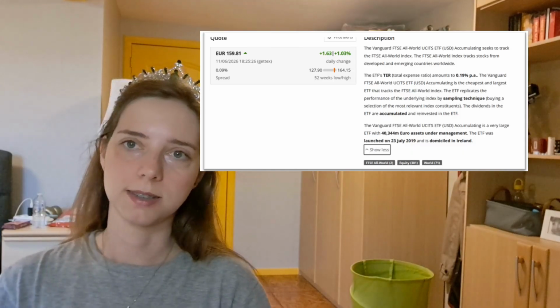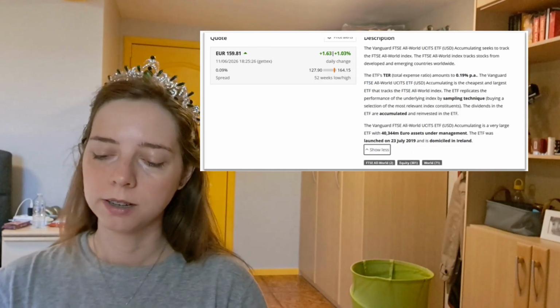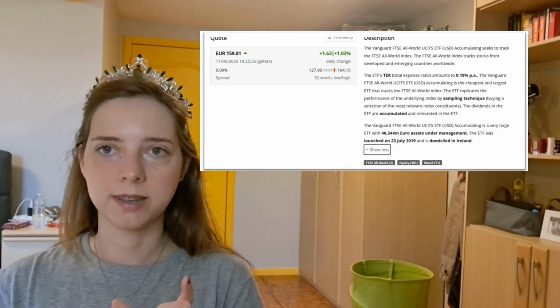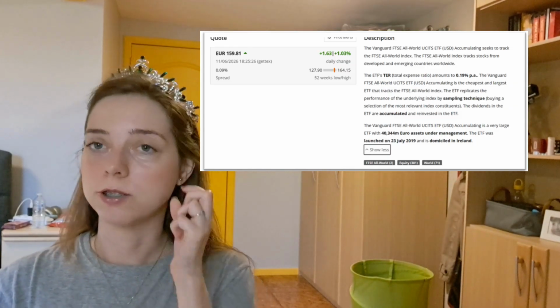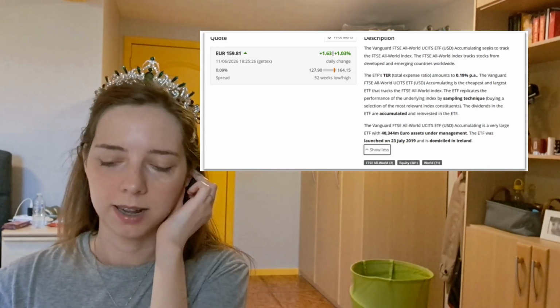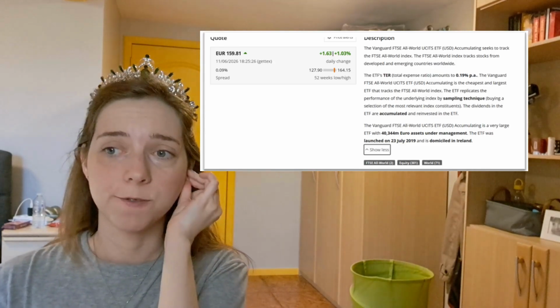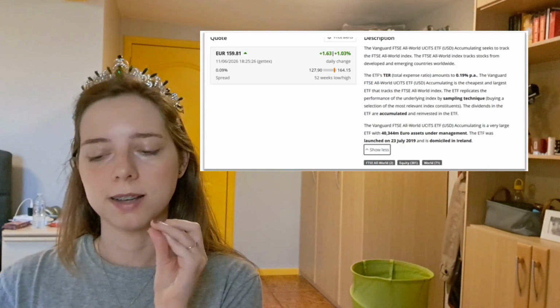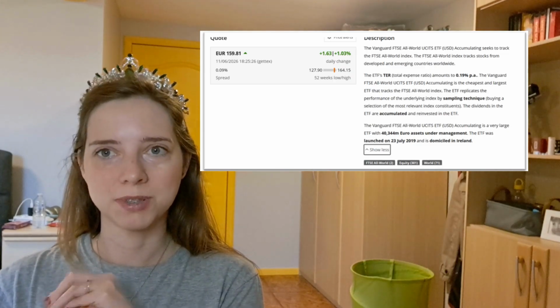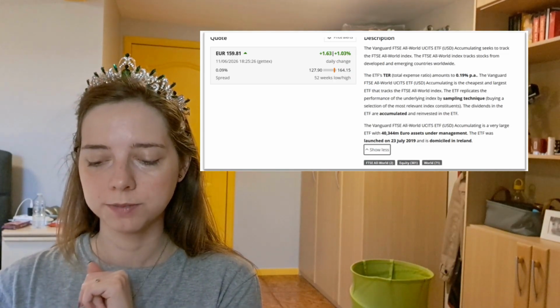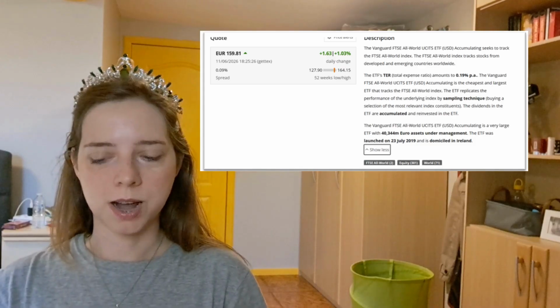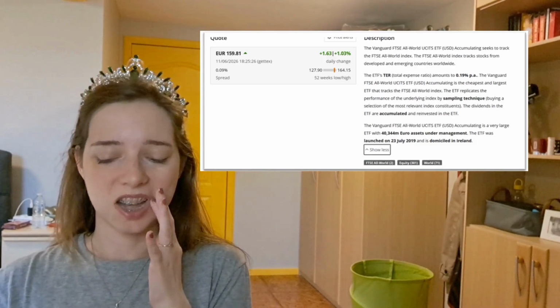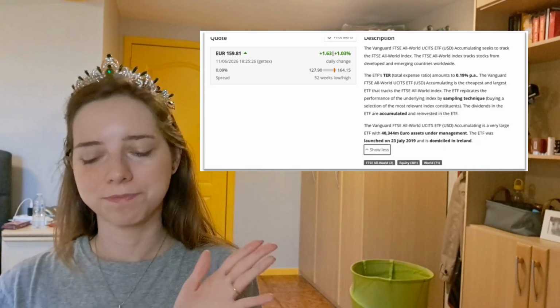And it is domiciled in Ireland, so every ETF has to have a country where it is domiciled, and that just happened to be Ireland. I feel like Ireland is very, very popular as a country within the ETF world. I'm not really sure why, but it's just something that I noticed.